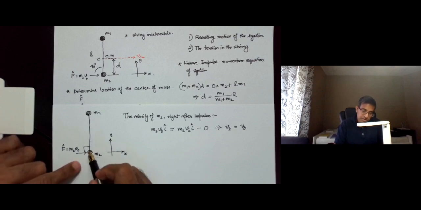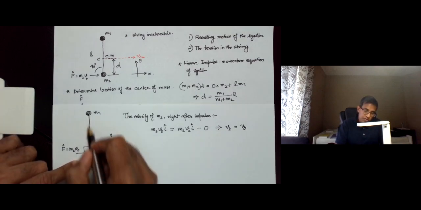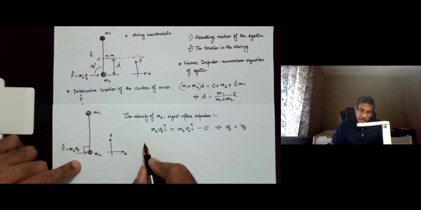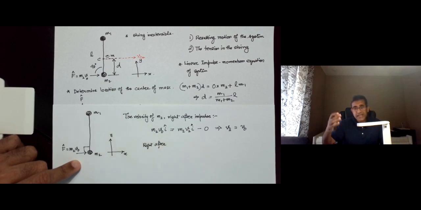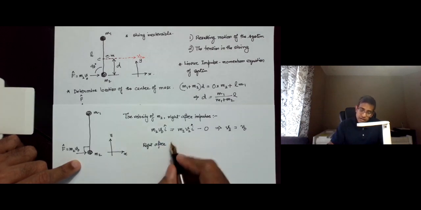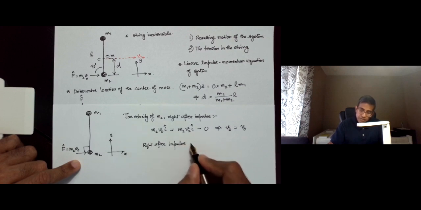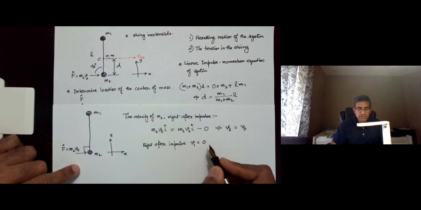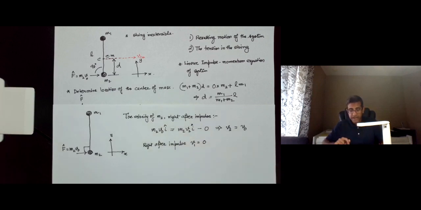Now, because the string does not transmit any impulse to m1, we can say that right after, and when we say right after, we mean at the instant the impulse is applied, right after impulse, v1 is equal to 0. So v1 still does not have any velocity, and v2 has a velocity of v naught.